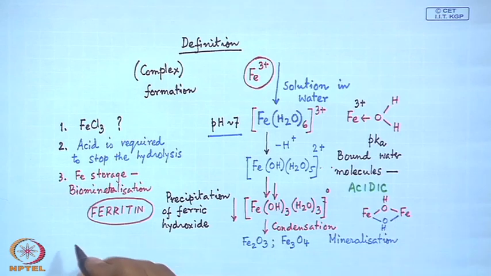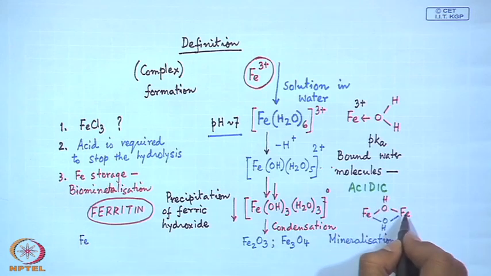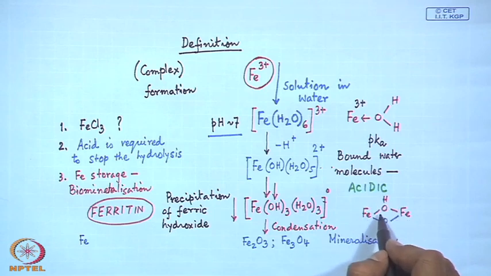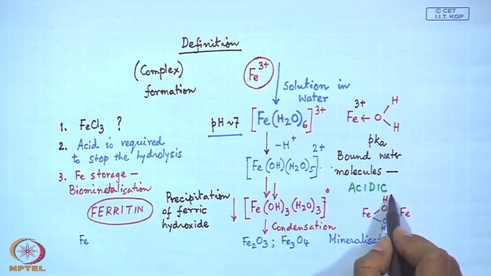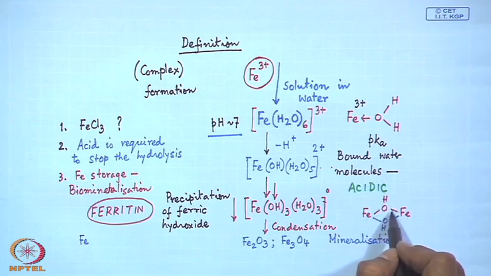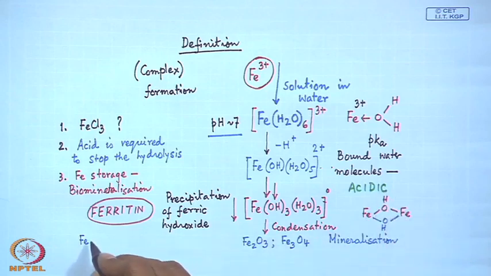Fe-OH-Fe type of bonding, or sometimes one hydroxide group is attached to two iron centers. This particular OH can have a different pK value compared to the hydroxide ion which is not bound to the iron center, and it can also go for dissociation of a proton, making this hydroxide ion an oxide ion.